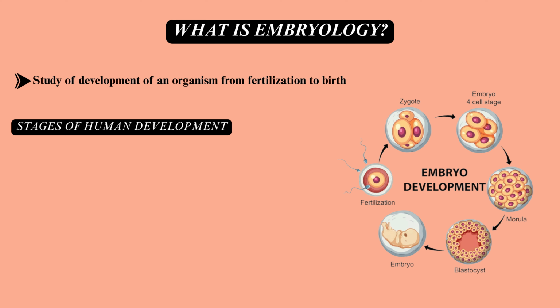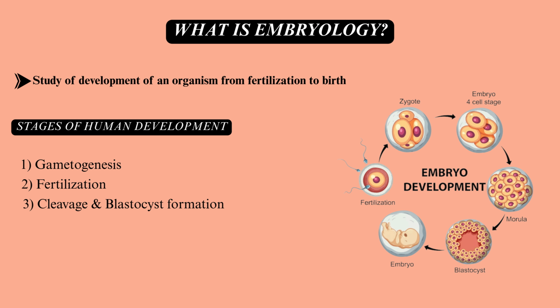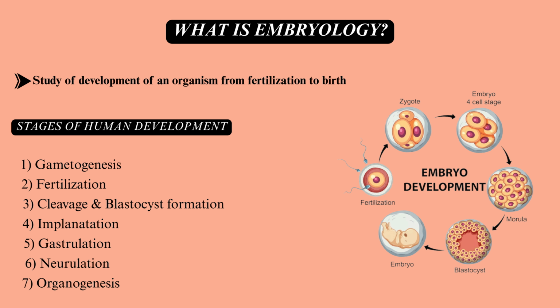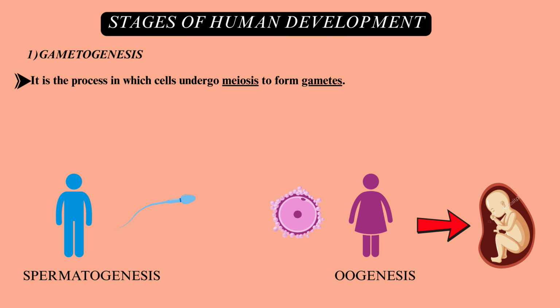There are many stages of human development, and they include gametogenesis, then fertilization, and then cleavage and blastocyst formation, then implantation, gastrulation, neurulation, and organogenesis. What is gametogenesis? Gametogenesis is spermatogenesis in males and oogenesis in females.